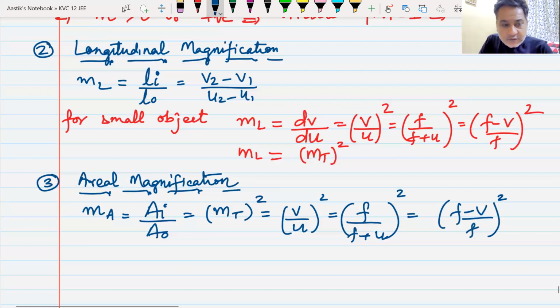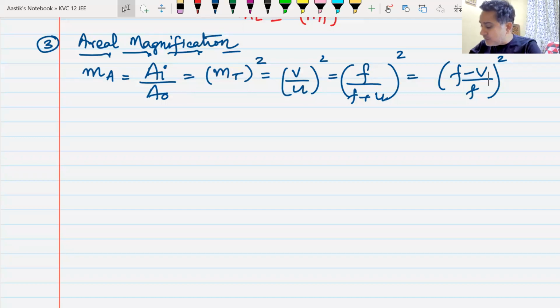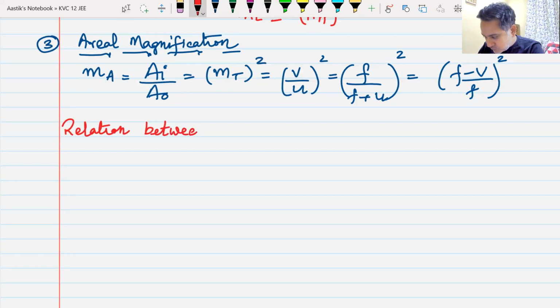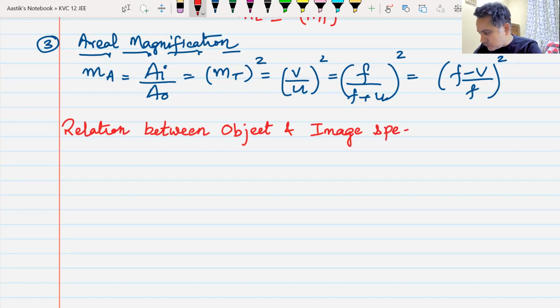Well then, you can write one more formula, the relation between object and image speed.